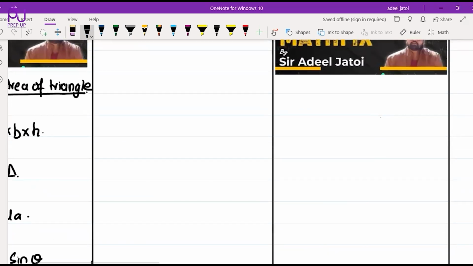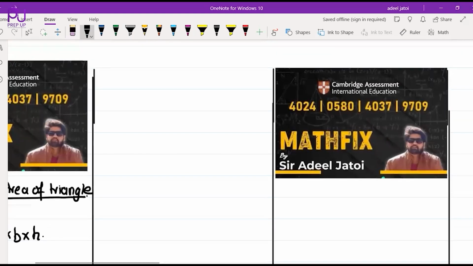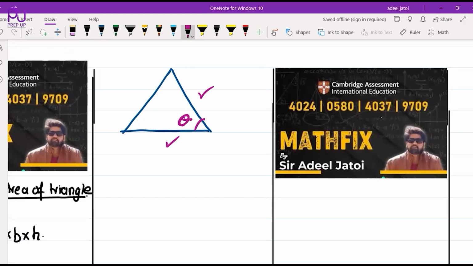Similarly, if I've been given a non-right angle triangle and told that this is the angle, then to find the area of the triangle, this side and this side will be used. Only the adjacent sides to the given theta can be taken into consideration.